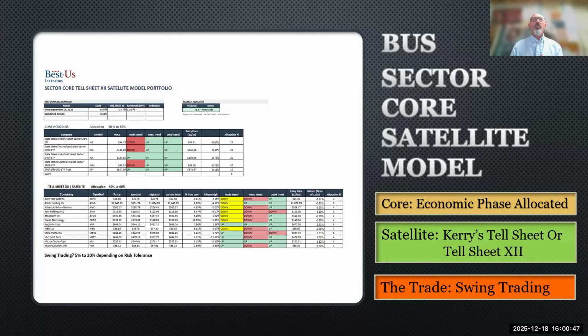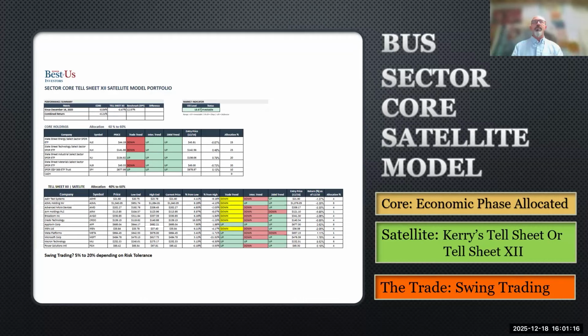And so with the core sector, Tell Sheet 12 satellite portfolio, we're only focusing really on just the sectors, not the subsectors, and I'll explain that here in a second. But with sectors, in this case, we're in this phase two environment, and that's where XLE, or tech, energy, industrials, materials, and the overall broad market of the S&P gives you an allocation.